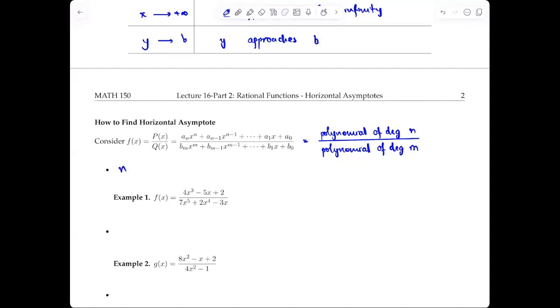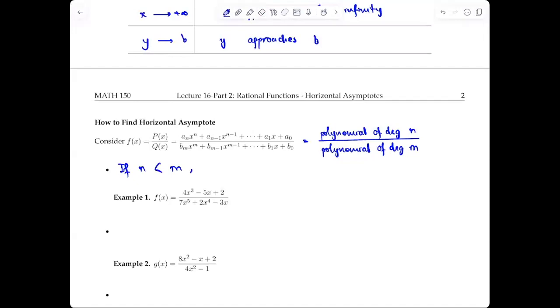When n is less than m. So I'm very specific here. n is the degree of the numerator. m is the degree of the denominator.